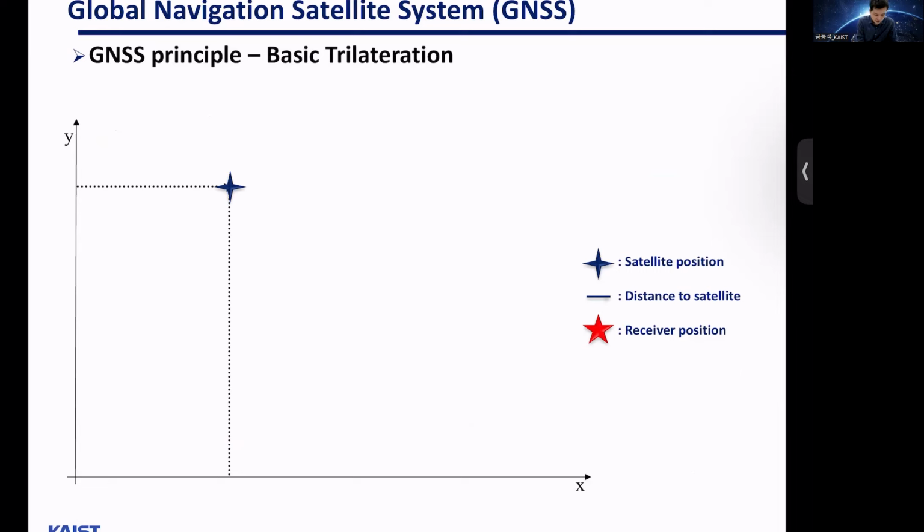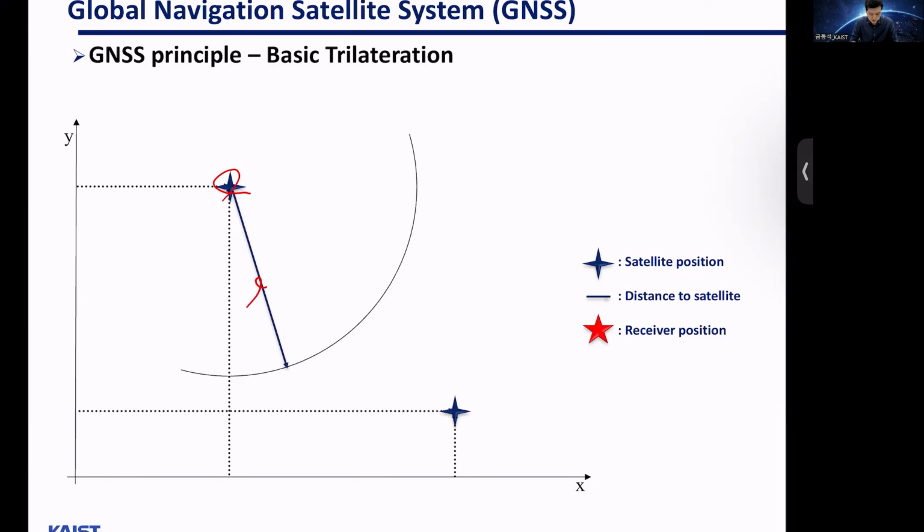here is the satellite position. And we're going to draw an arc with the distance information known. And then we're going to draw another arc that's coming from another satellite. And that will give us two intersecting points.